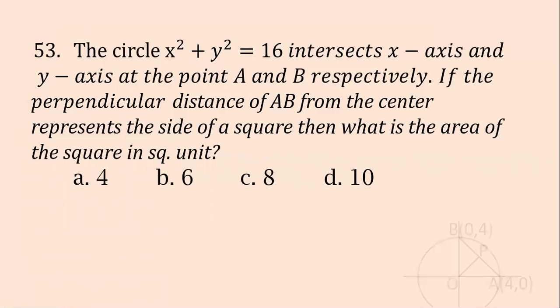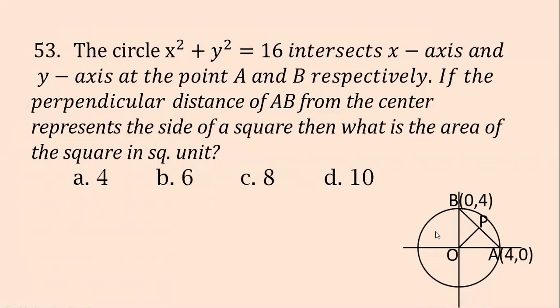Okay, if we draw the figure, see this x square plus y square is equal to 16. That is, center 0, 0 and the radius is 4. So it intersects x-axis at 4, 0 and y-axis at 0, 4.